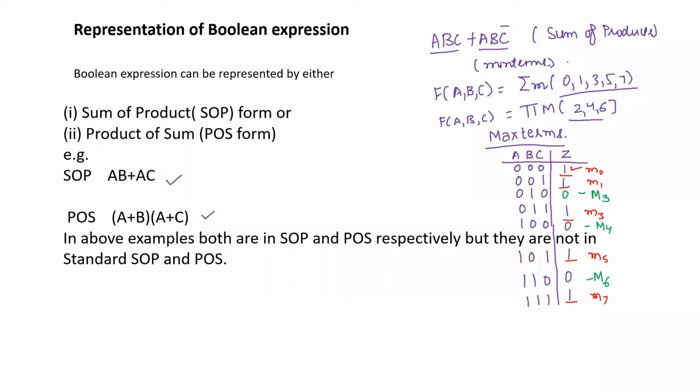So the other way of writing is m0 plus m1 plus m3 plus m5 plus m7. And this can be written as M2 dot M4 dot M6. So this is the other way in which your sum of products can be represented.